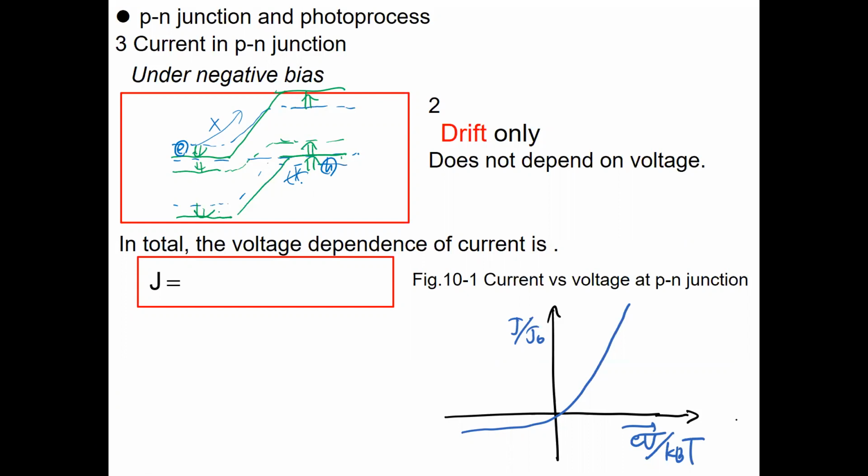On the other hand, in the depletion region, the electron and hole are generated, and the electron and hole can move toward the N-type and P-type region. There's no effect by applying the negative bias. So this process actually does not depend on the voltage. So you could only see the drift current in the negative bias.